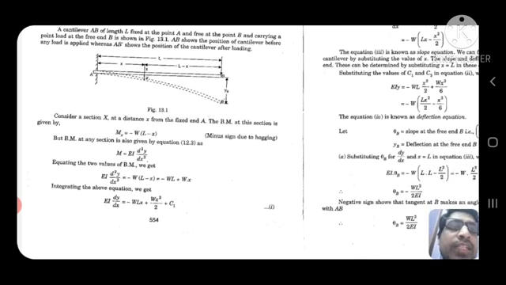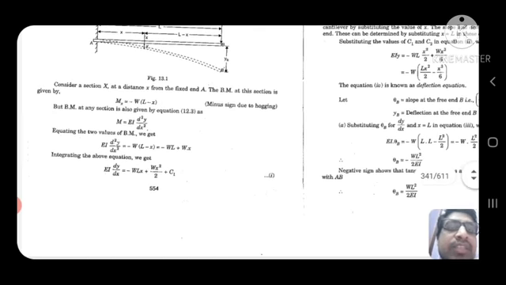AB shows the position of the cantilever before any load is applied, whereas AB shows the position of the cantilever after loading. The total length AB is equal to L, one part is X, another is L minus X. Consider a section at a distance X from the fixed end A.